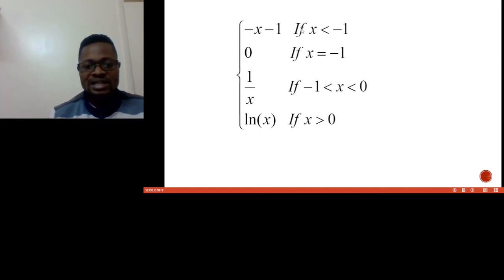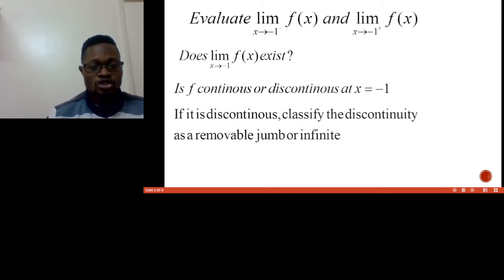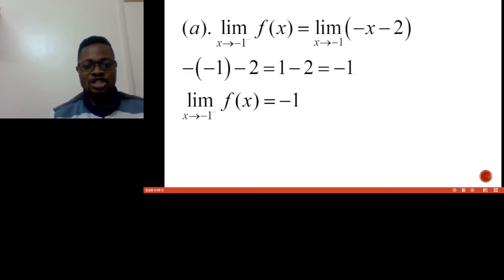So negative x minus 1 is what we use to find our limit as x approaches negative 1 from the negative side.